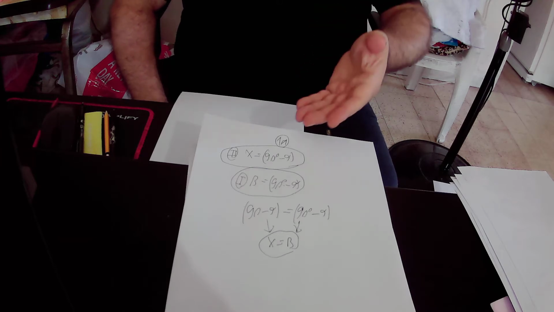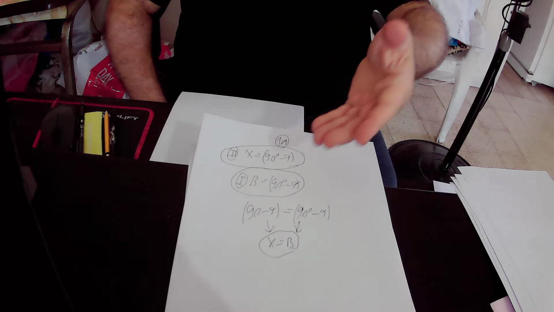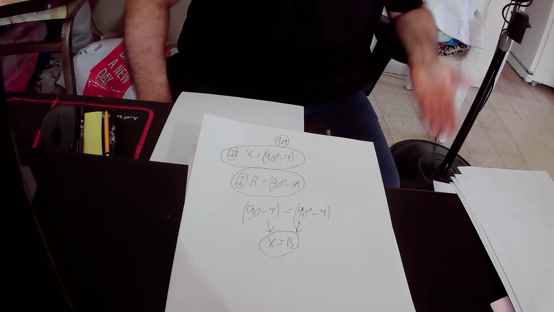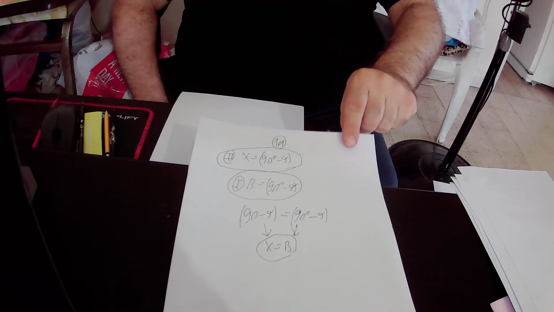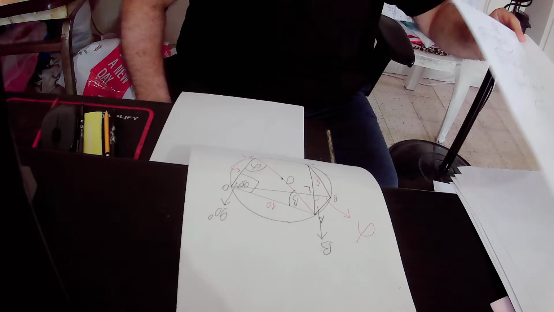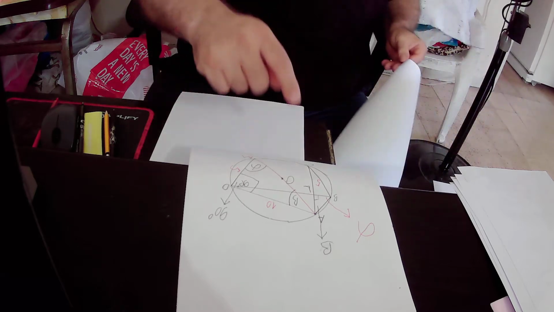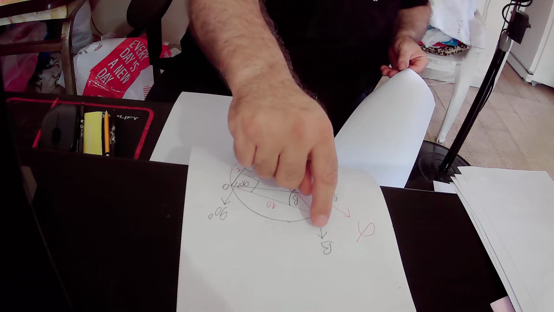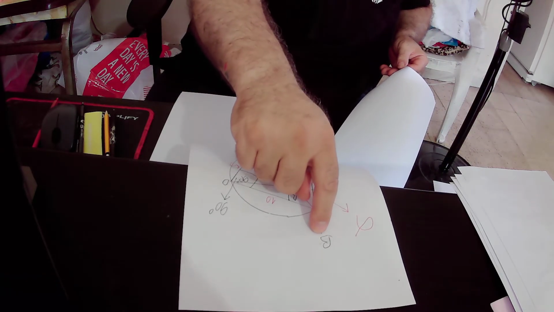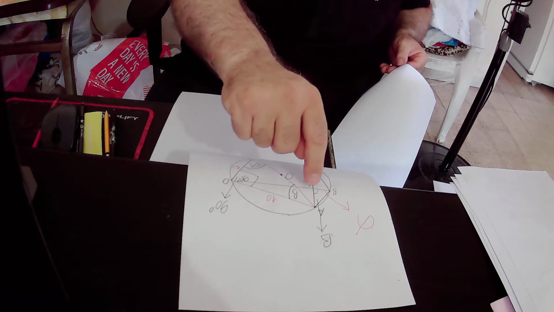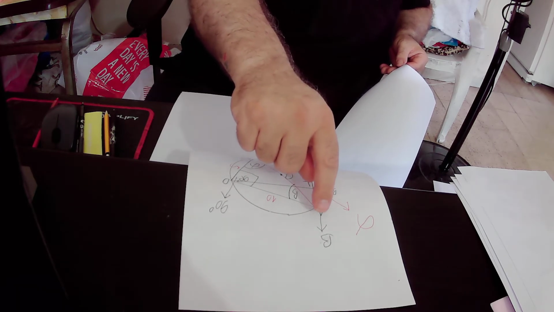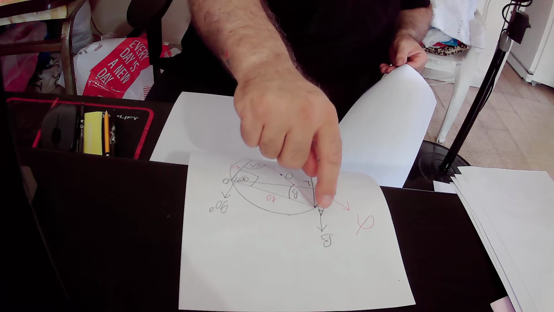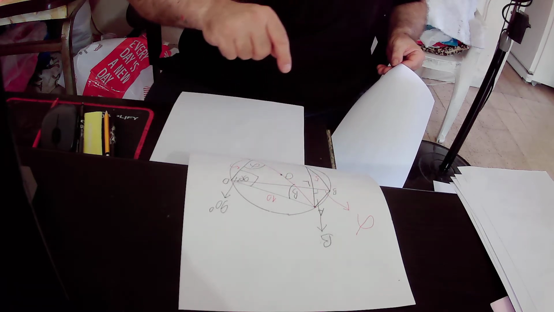We can deduce from it that angle x equals angle beta. Okay, very simple. So instead of x, we write beta, because x equals beta. So angle BAL, which we defined as x, equals beta.